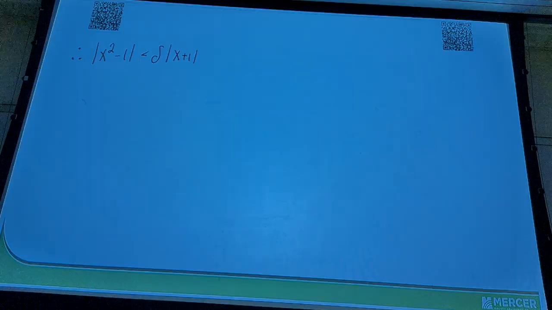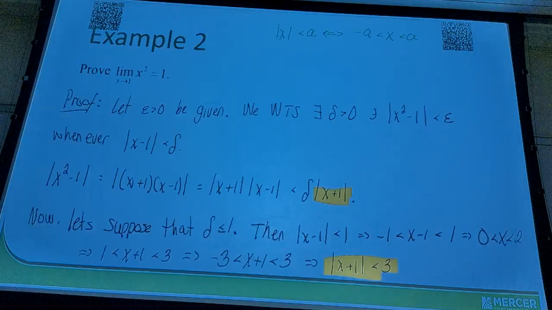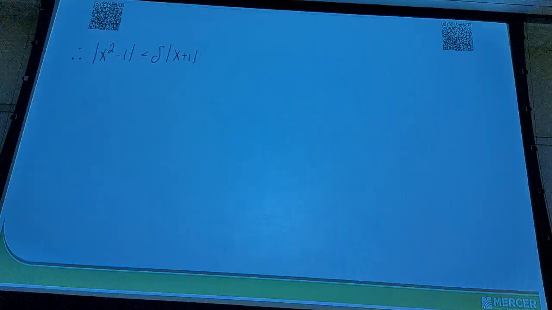Absolute value of x squared minus 1 was less than delta times x plus 1, which is now less than 3 delta.